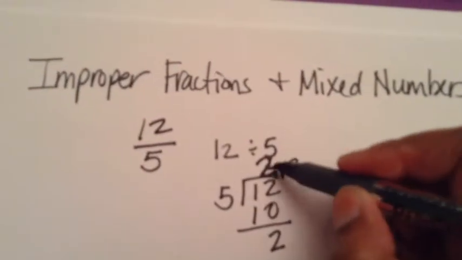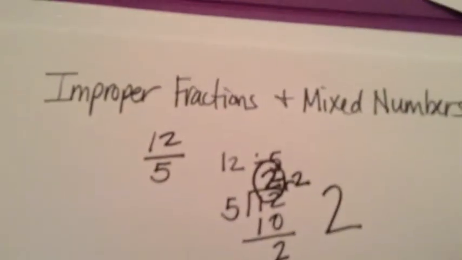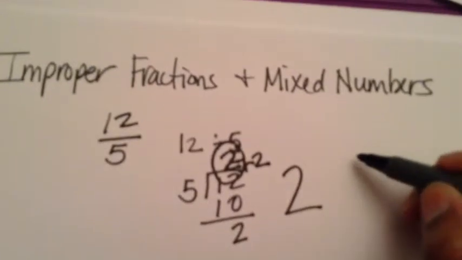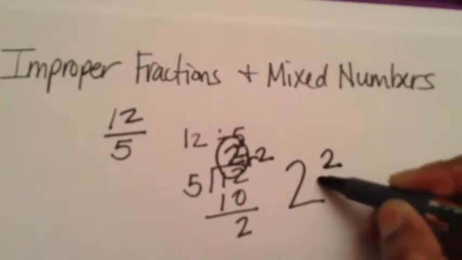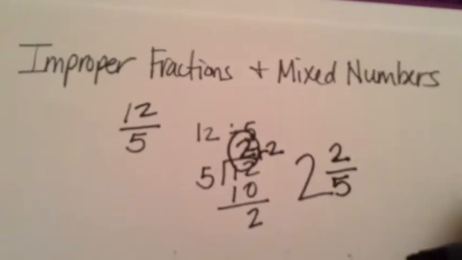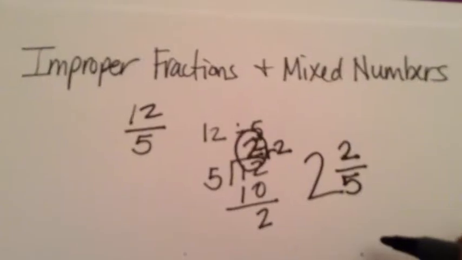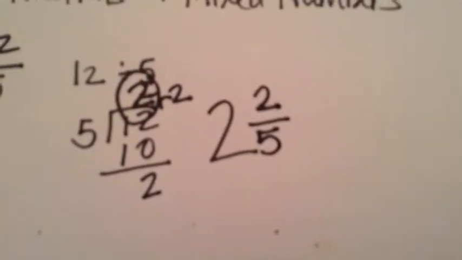What we do is we take our whole number here, and that whole number becomes our whole number in our mixed number. The remainder becomes your numerator, and because we're dividing by 5, that denominator stays the same as our original fraction, and so now we change it into a mixed number of 2 2/5.